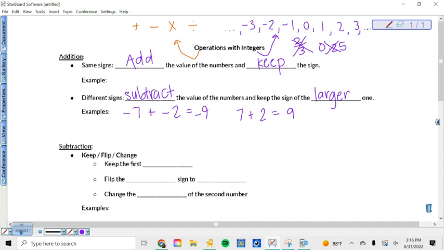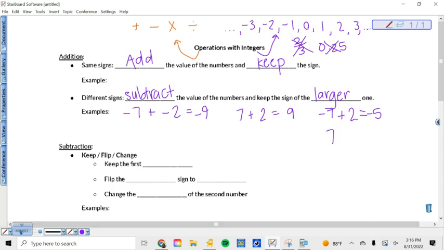And what if I've got this, -7 plus 2? Same or different signs? Different. So I need to subtract the value of the numbers. So what's 7 minus 2? 5. And I keep the sign of the larger one. So which one is larger, 7 or 2? 7. So it's -5.